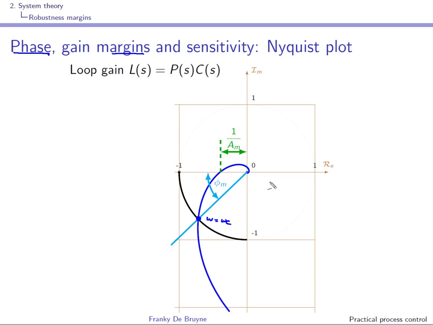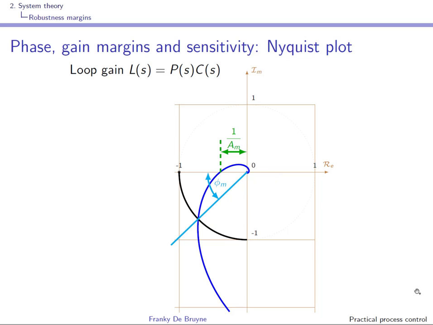At the crossover frequency, you can see here that the phase shift is given by this angle. This means that we have some phase margin before we reach a phase shift of minus 180 degrees. So in the Nyquist plot, this is the phase margin.